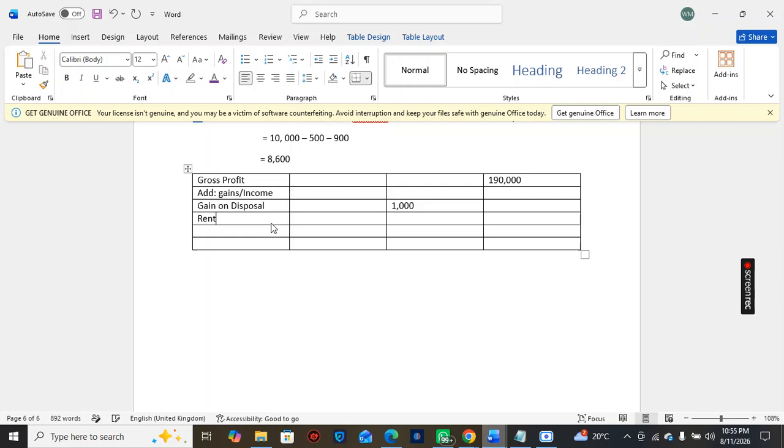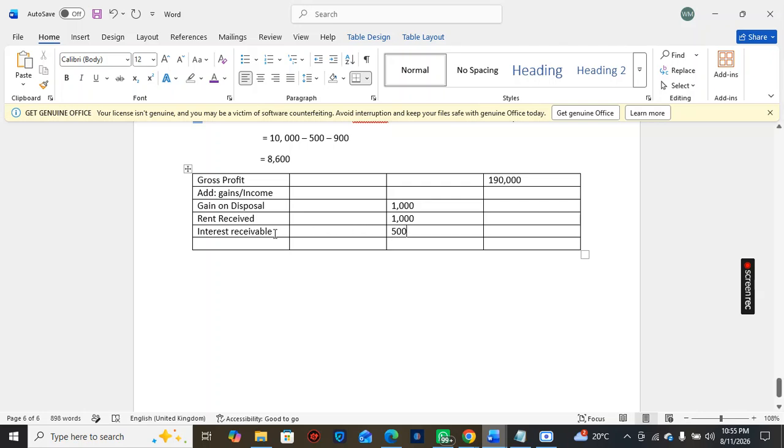Rent received 1,000. Interest receivable 500.